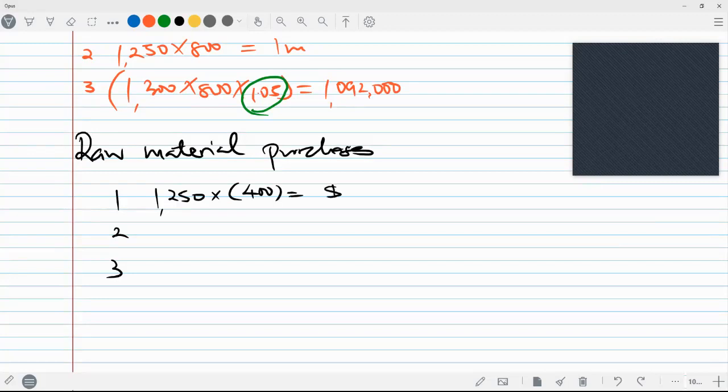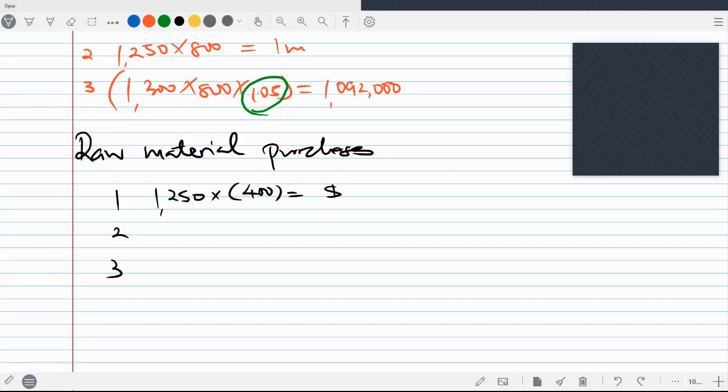The sale made in the month of January is 1250. When was it produced? In December. When was it paid for? In January.